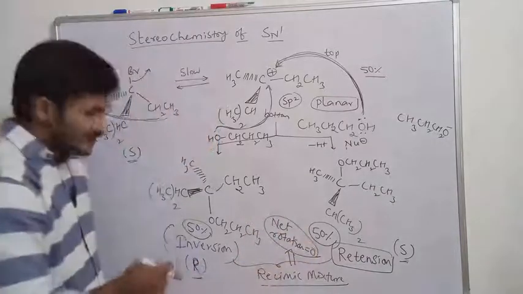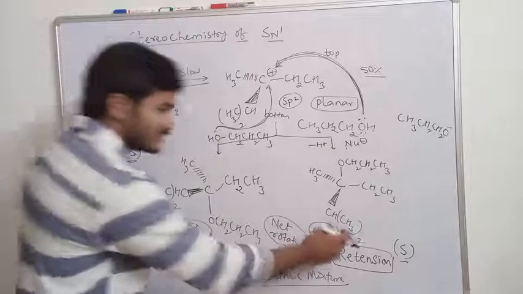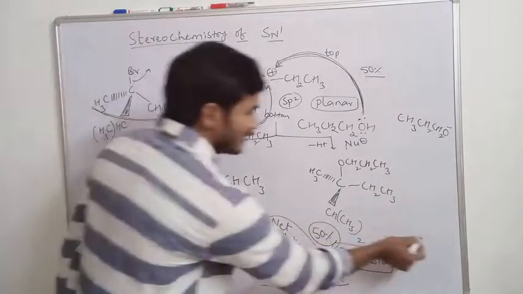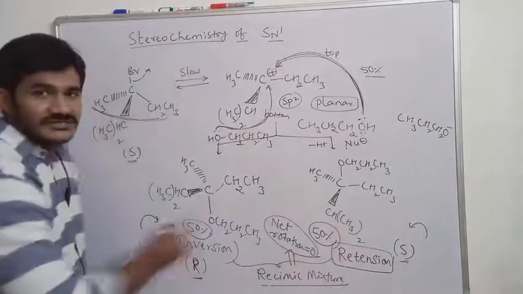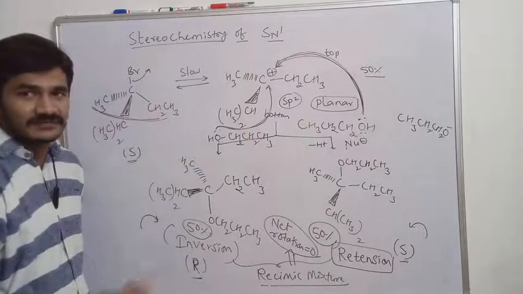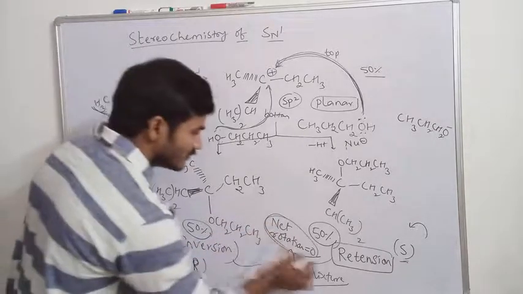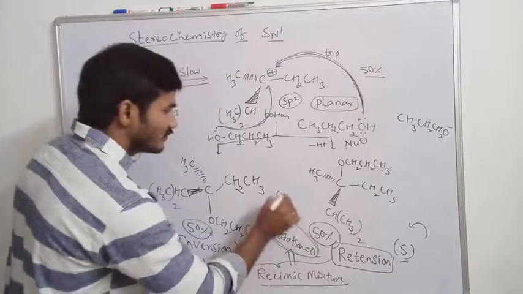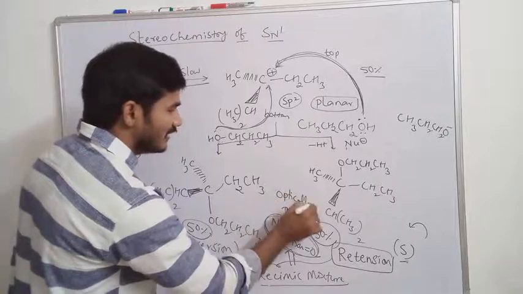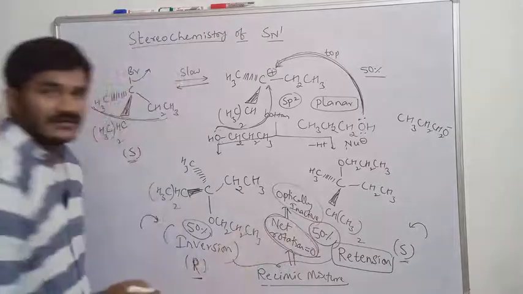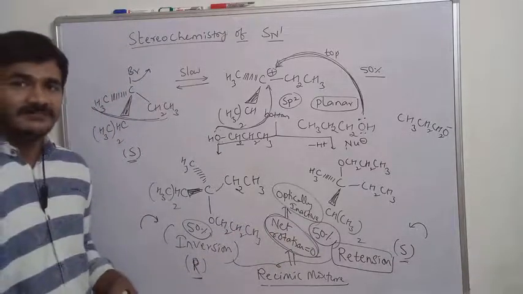This one has rotation, it is also having rotation. This is having, suppose, clockwise rotation, and it is anticlockwise rotation. Both these rotations get cancelled by each other. When the rotations get cancelled by each other, net rotation becomes 0. When net rotation becomes 0, they are said to be optically inactive. Racemic mixtures are said to be optically inactive.